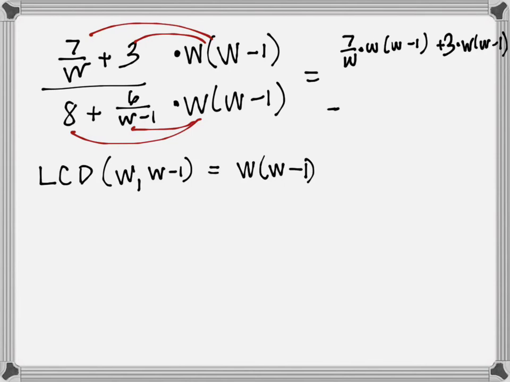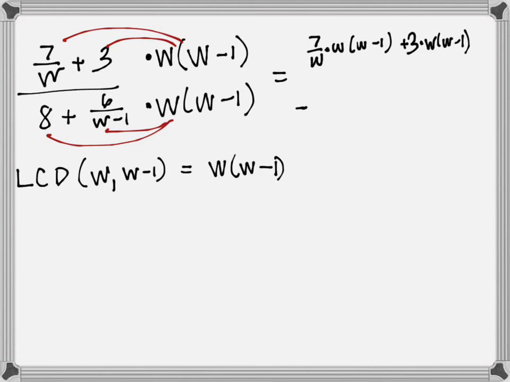It's running off my screen. There, just shift it over. And then in the denominator, we have 8 times W and W minus 1. And we have 6 over W minus 1 times W and W minus 1.